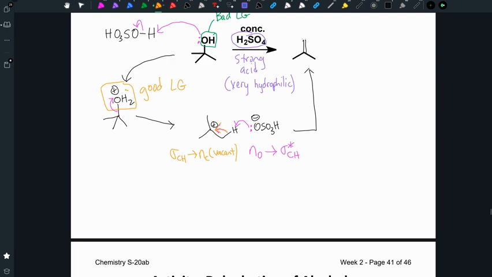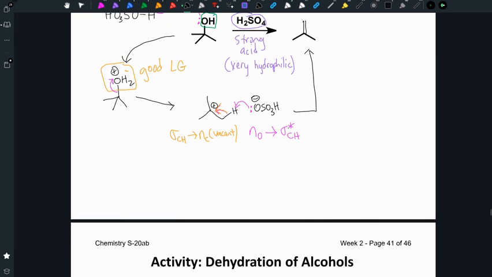I do want to point something out about this. This is one of the first cases that you've seen where you are essentially reversing a reaction you've seen before. So earlier in the alkene unit, you saw that you could take an alkene, and if you added H2O with an acid catalyst, so you had lots of H2O, a little bit of acid as a catalyst, you made an alcohol.